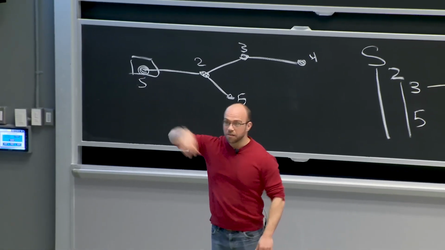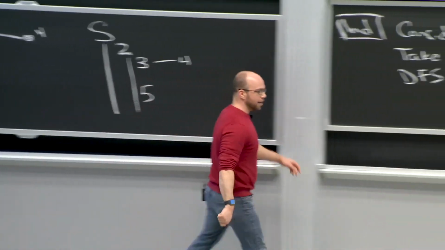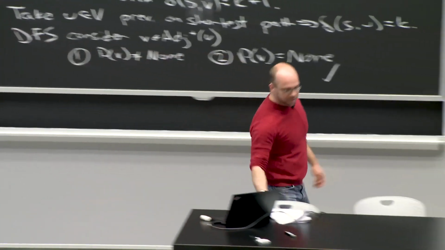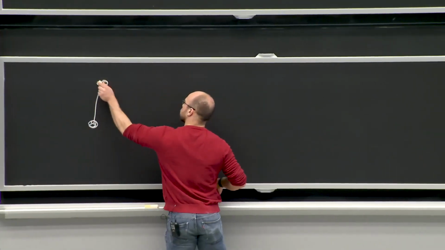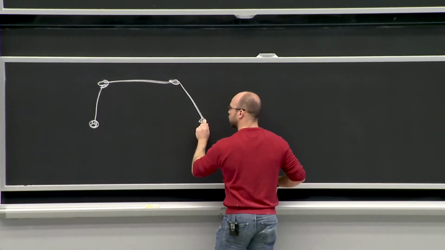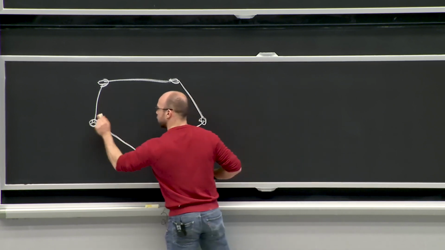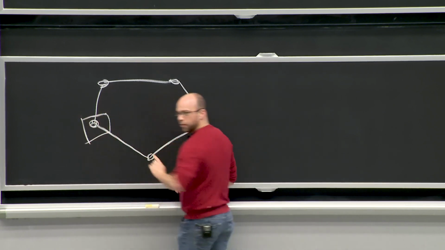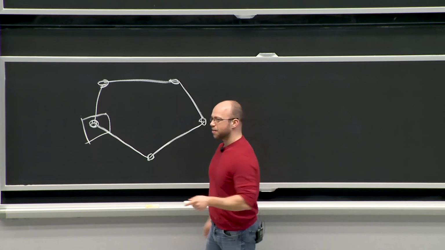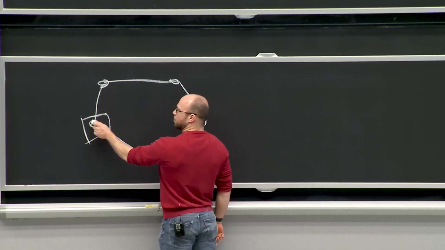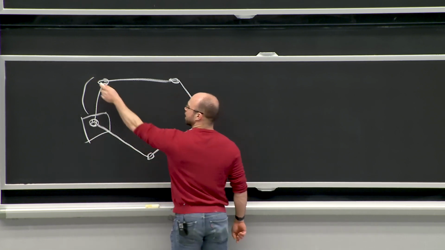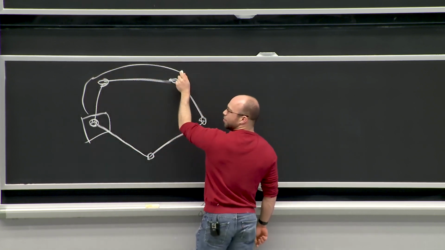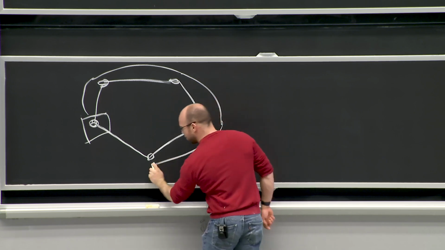To think of a really extreme example, let's say that I have a cycle graph, a big loop like this. And let's say that I do depth first search starting from this vertex. Well, this guy will call its neighbor recursively, who will then call its neighbor recursively, and so on.